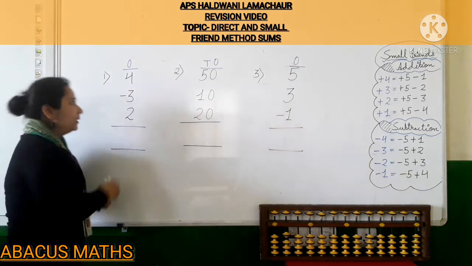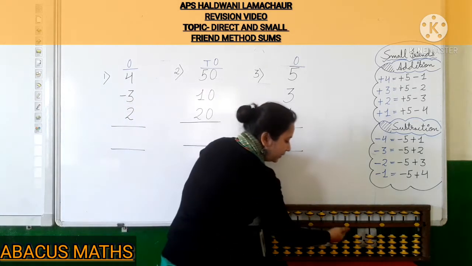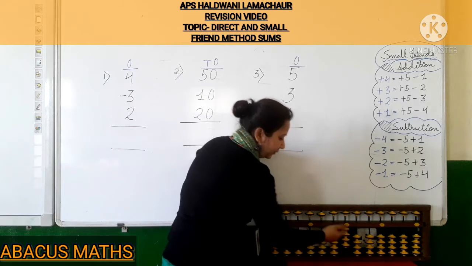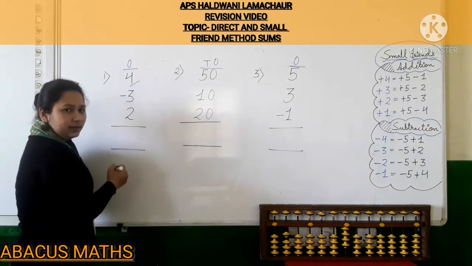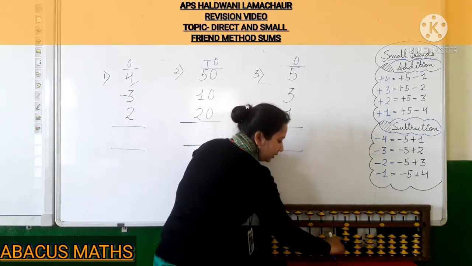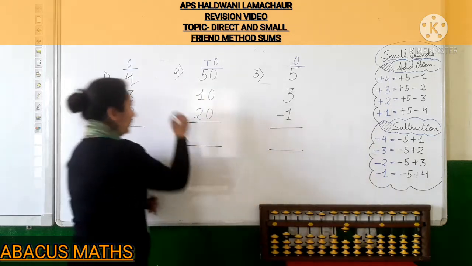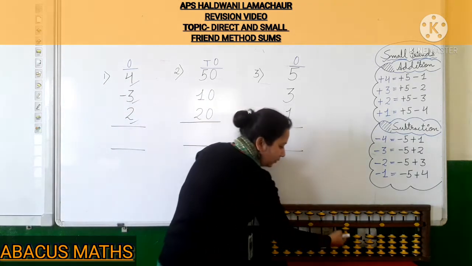Now start putting. First of all you have to add 4. Now add it. See, 1, 2, 3, 4. Easily you can. Now minus 3. Minus 3 means put 3 beads down. 1, 2, 3. Done. Now add this 2. 1, 2.